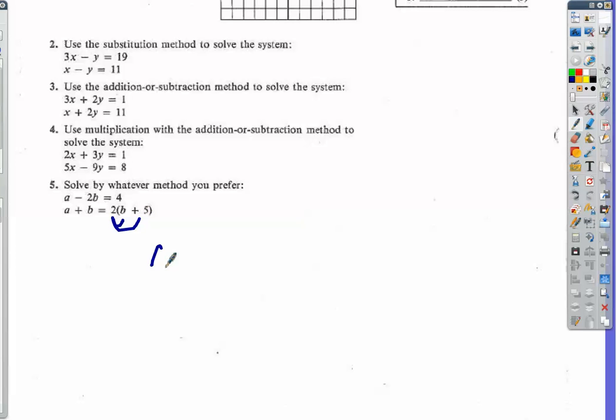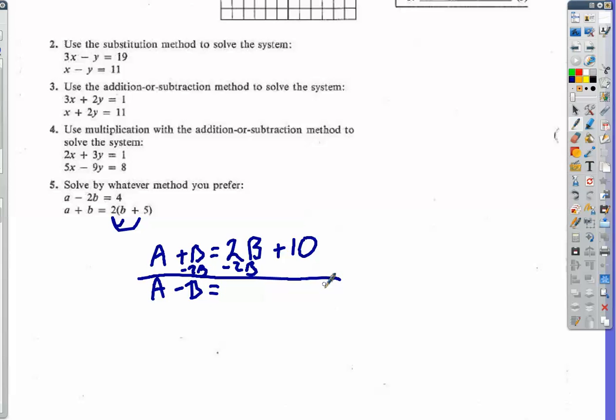So we have a plus b is equal to, I distribute the 2, 2b plus 10. So then let's get the b's together. So I have a, I'm subtracting 2b, so I get a minus b is equal to 10. So that wasn't really too bad to get into standard form.